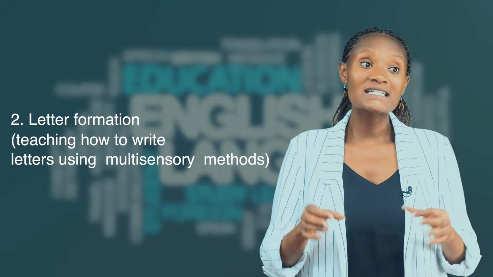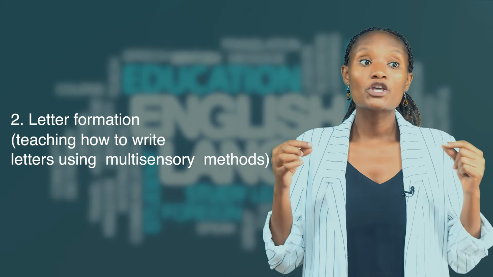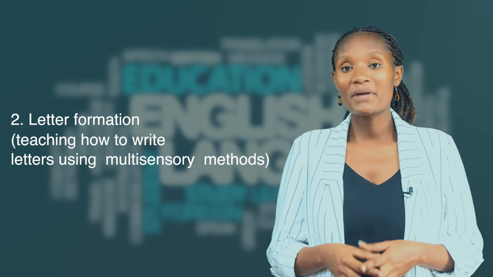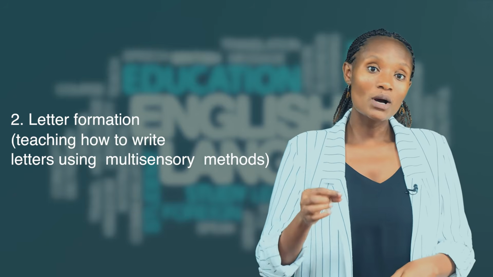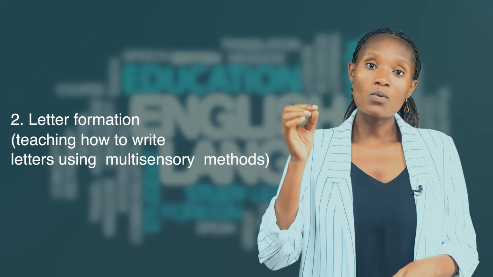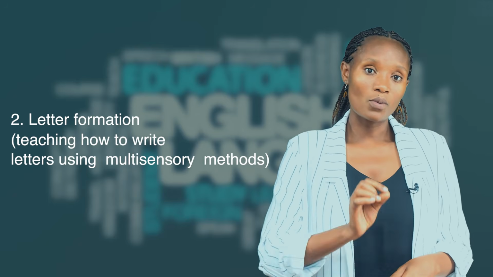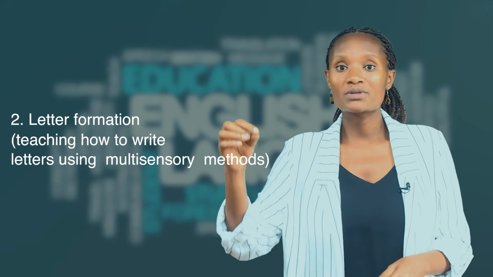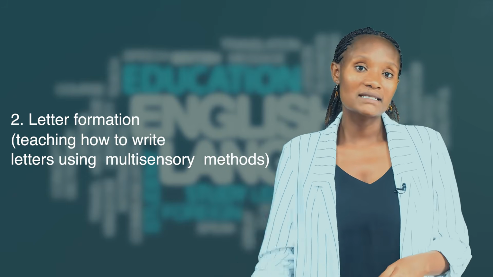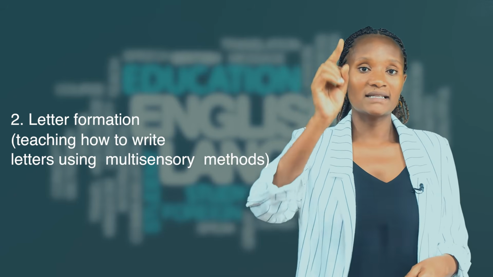Number 2, letter formation. Letter formation teaches how to write using multisensory methods. What do we mean by this? When you are teaching how letters or sounds are formed, you shouldn't go directly to the last step, which is writing. You could write in the air.